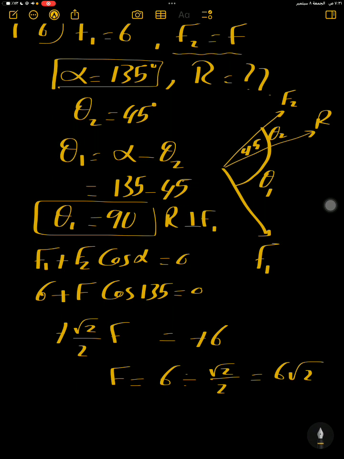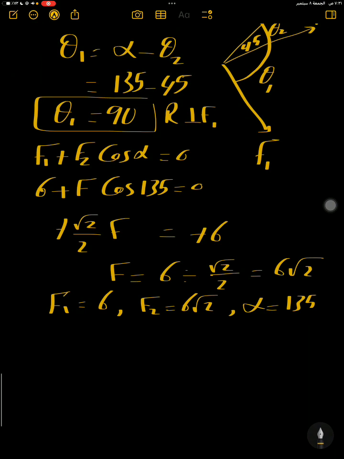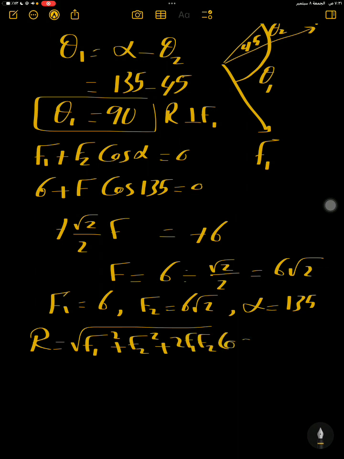The first required, we want to find F, and the second required, we want to find resultant. We have F1 equals 6 Newton, F2, we got it will be 6 root 2, and also we have alpha 135. We can use cosine law to find the resultant. We make root F1 power 2 plus F2 power 2 plus 2 F1 F2 cosine alpha.